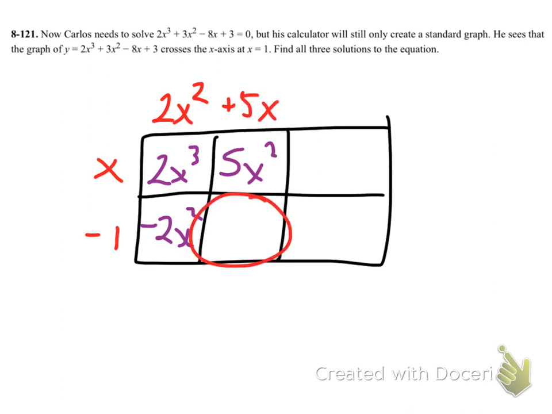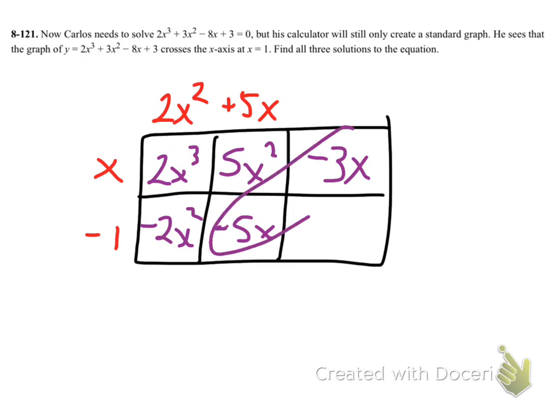Once again, I can now multiply to get this box right here, so I'm going to get a negative 5x. Continue the process with these two here, and they have to add up to a negative 8x, so this has to be then a negative 3x. Negative 3x plus 5x will give me my negative 8x.